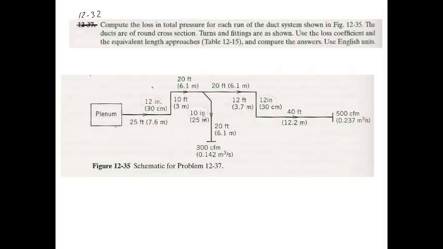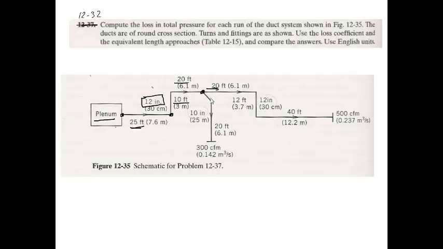So again, here I have a plenum. It's supplying air to this duct system. This length from the plenum to here is 25 feet, and it gives me the duct size of 12 inches. Then I have a 10 feet rise, then 20 feet to this point right here.